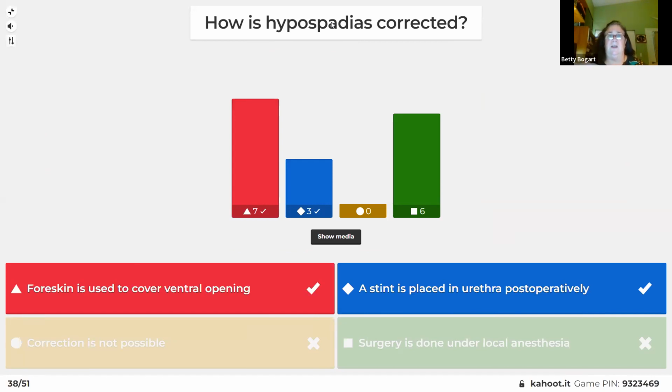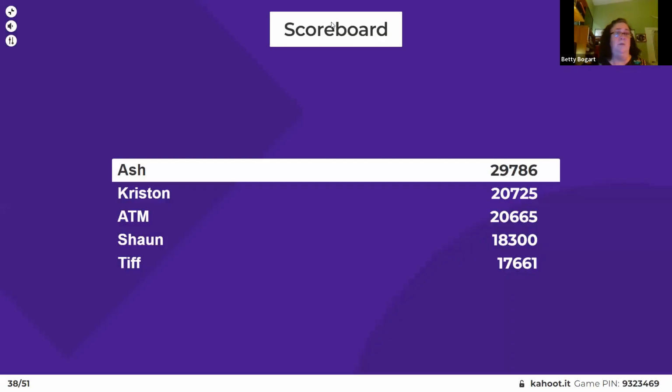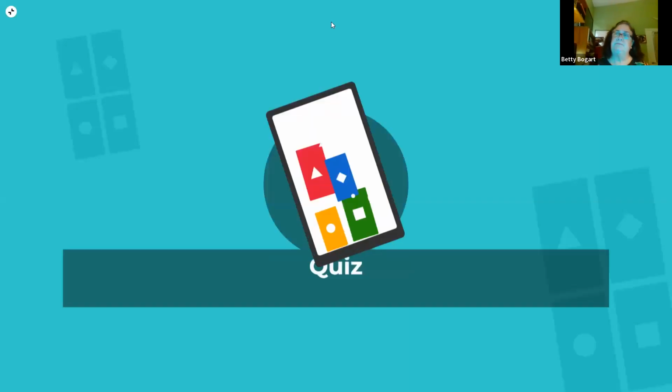It was a child with Pierre Robin who also had a hypospadias, and he came in. He was 8 months old. He had the repair. They took the foreskin, closed it, and he had this clear plastic little stent in there, taped to his penis to keep that opening open. And just leave the stent there. You don't touch it. Just make sure that it's inside the diaper so it doesn't leak urine everywhere.